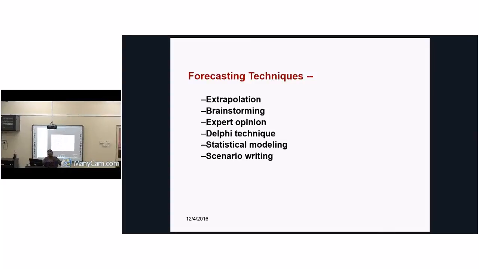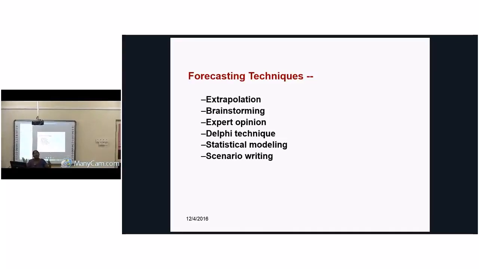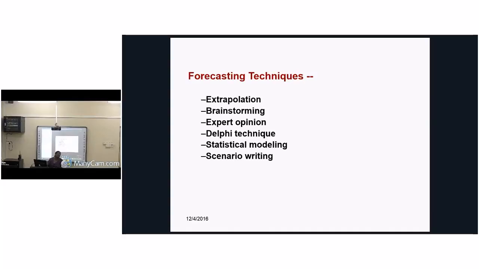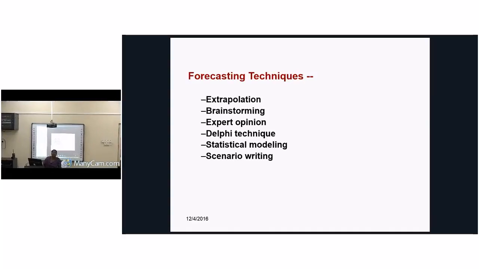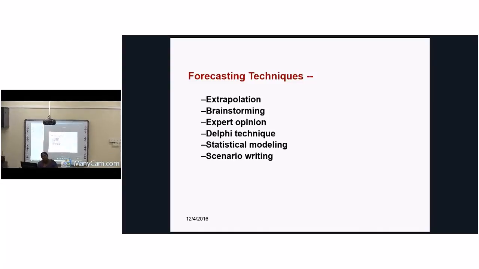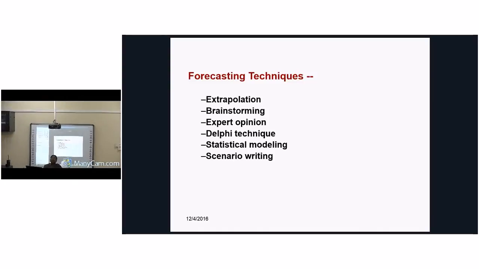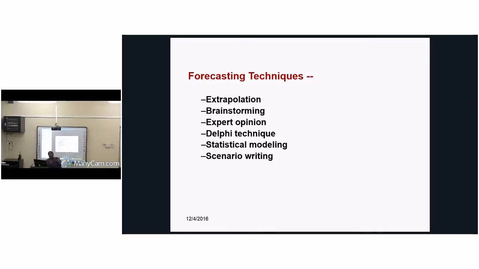And based on the past behaviors, you should be able to forecast the future behaviors of these elements in the task environment. So, you should collect past behaviors of these forces, these factors in the task environment through business intelligence.